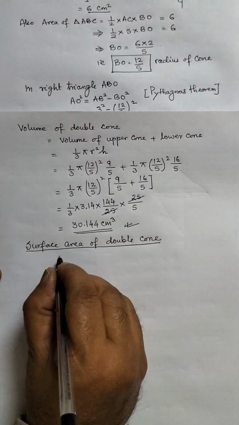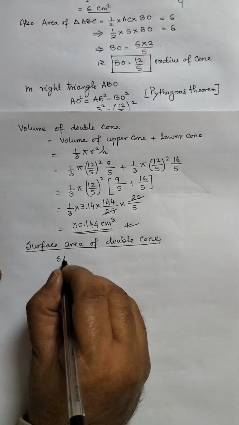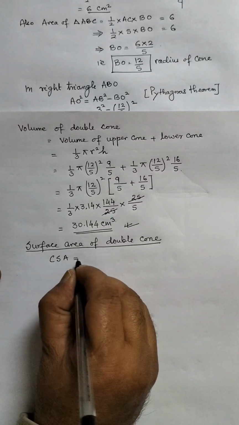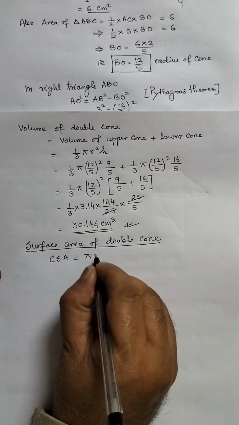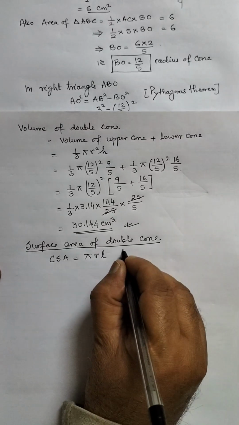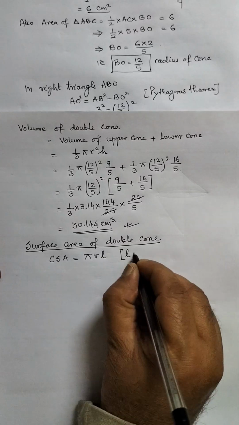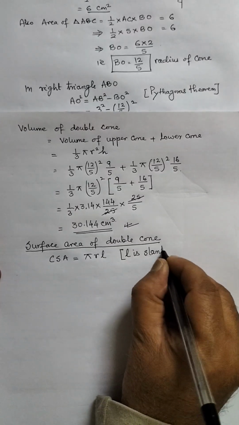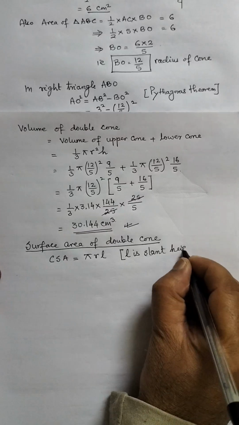We know surface area. Curved surface area of a cone is π r L, where L is slant height.